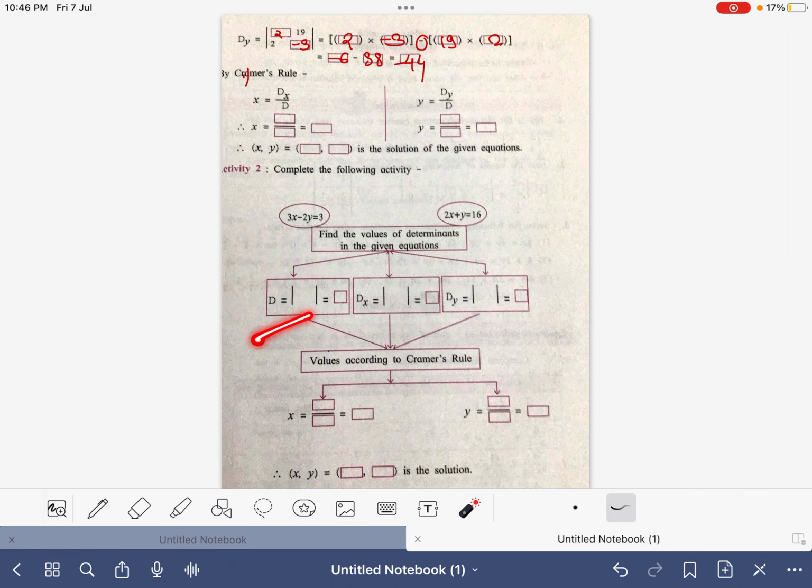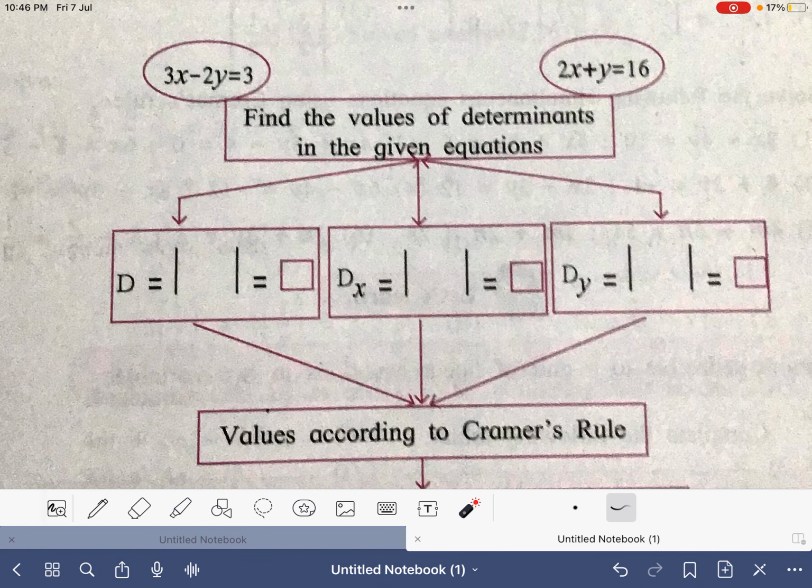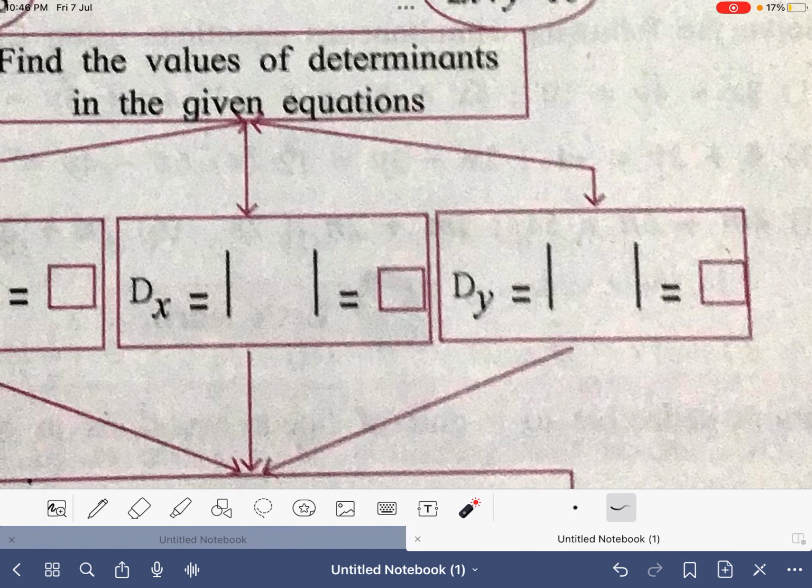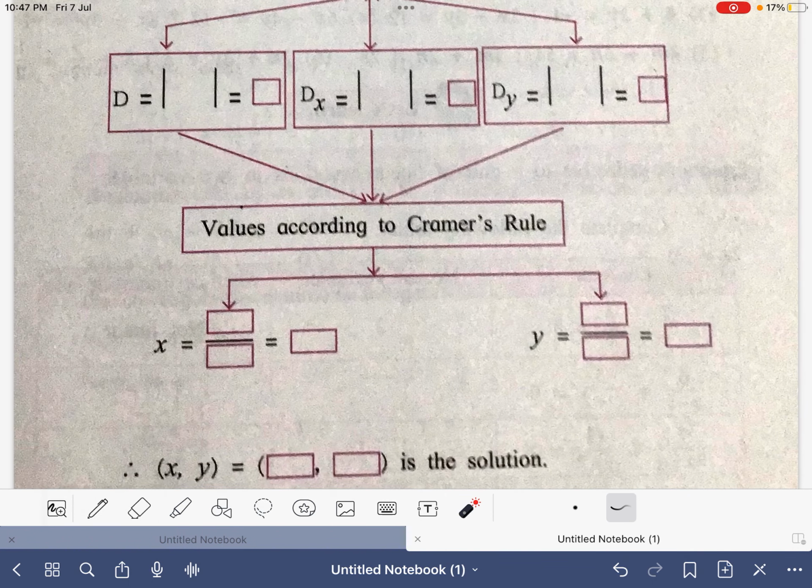Now put the values in this determinant, so d is nothing but a1 a2 b1 b2, and simplify this equation and whatever the value is, just calculate and write it here. Similarly, dx is equal to c1 c2 and b1 b2. Similarly, write down the value of dy, a1 a2 c1 c2, and put the answer there.